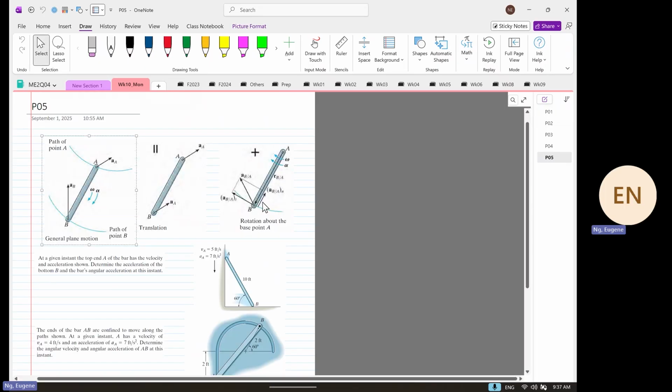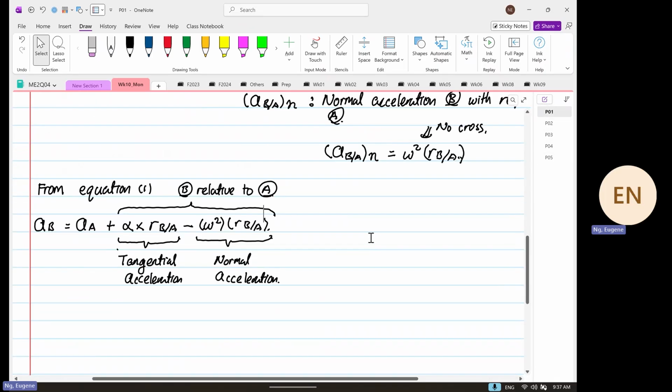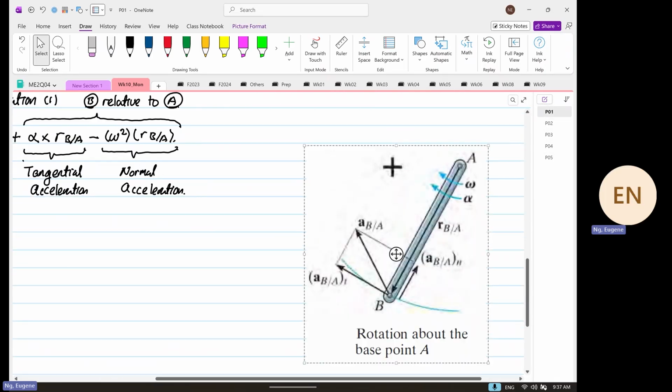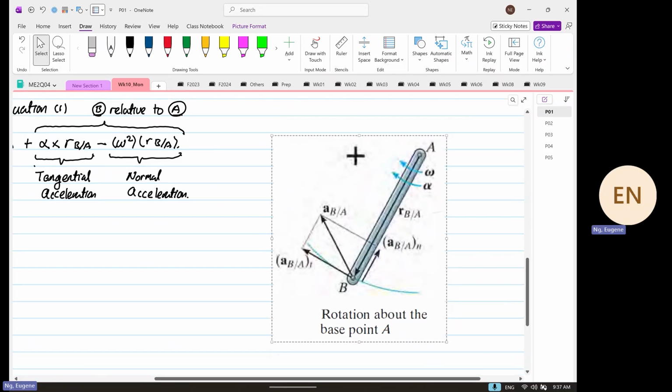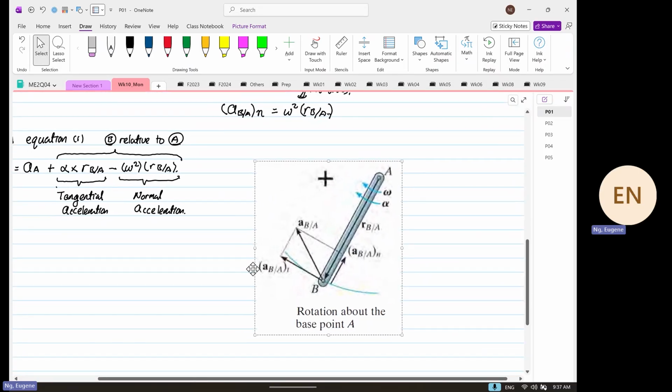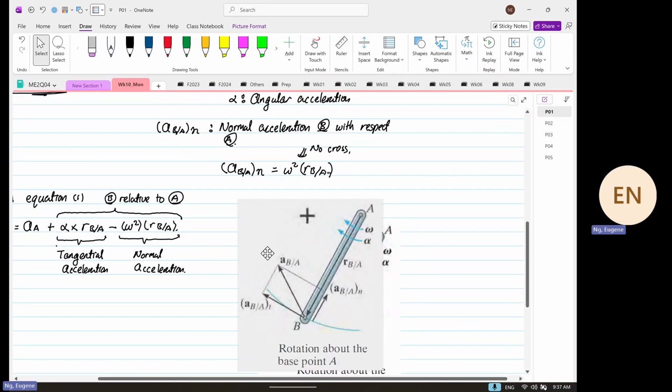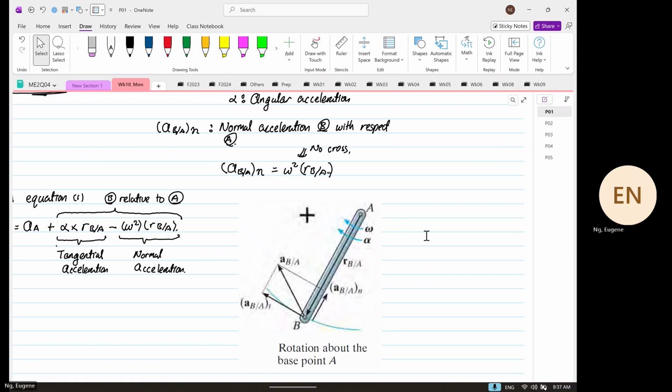If you all can leave this diagram up, I want you all to focus on this term over here.